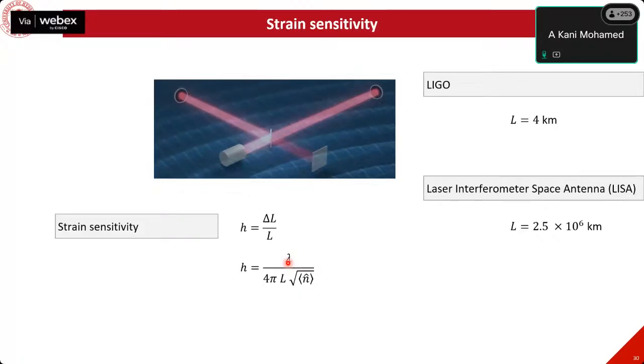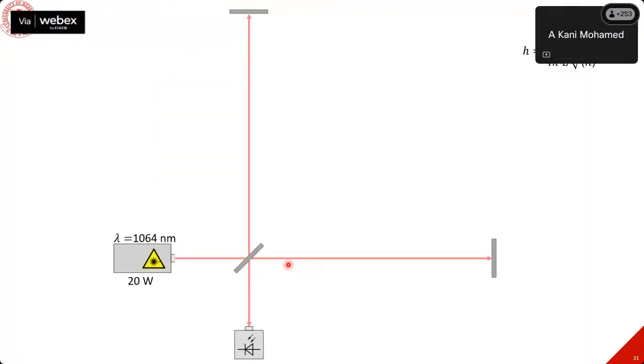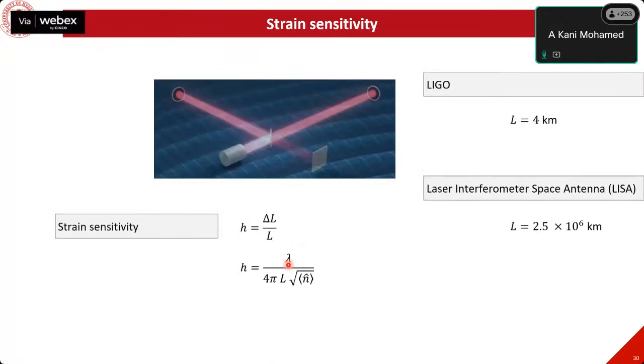So we don't have much flexibility in choosing lambda. We have to choose the best laser source that can generate highly coherent monochromatic laser light. So LIGO actually uses a laser wavelength of 1064 nanometer, which is okay.